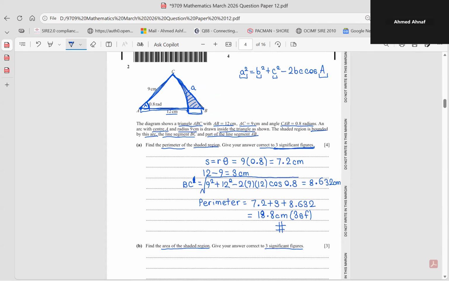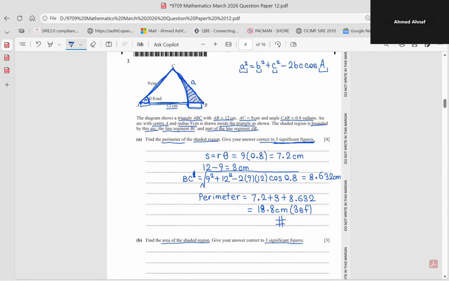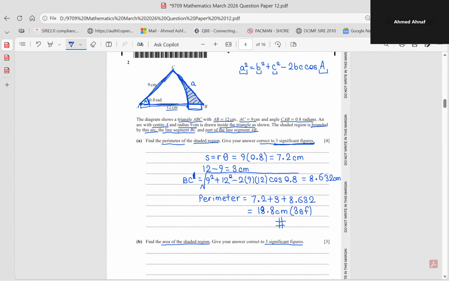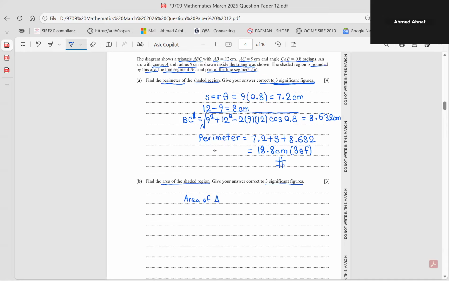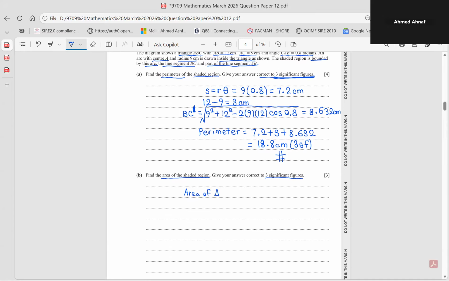To find the area of this shaded region, you have to notice that it's just the area of this big triangle minus the area of the sector inside the triangle. So first things first, let's find the area of the triangle. Area of triangle ABC.